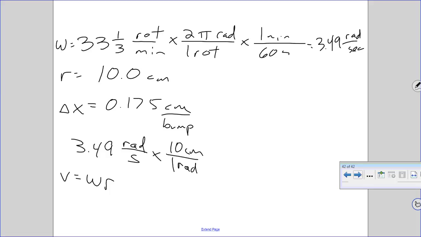That's V equals omega R. And so right now I'm at centimeters per second. This is 0.175 centimeters per 1 bump. So that's the same as doing 1 bump per 0.175 centimeters, right? So it's totally just unit analysis, or dimensional analysis.